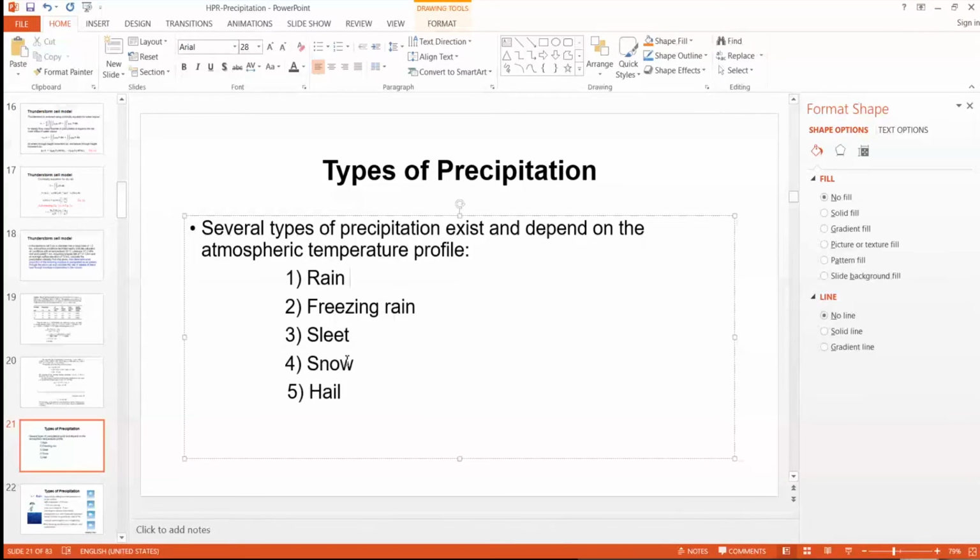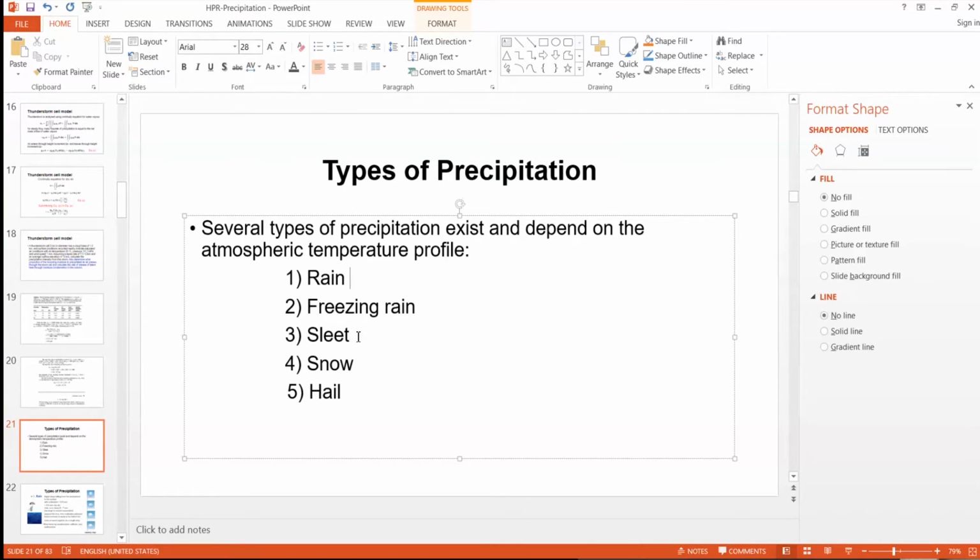Then during thunderstorms, even in the tropical regions, we'll get ice balls, that is called hail. And in colder regions, there is freezing rain and sleet.